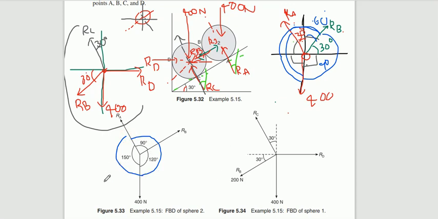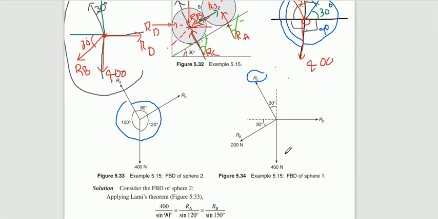So now the free body diagram of sphere 2 is ready, and this is the free body diagram of sphere 1. You can observe RC, which makes an angle 30 degrees with respect to the y axis, and RB, which makes an angle 30 degrees with respect to the x axis. Once the free body diagram is ready, you can easily solve the problems.